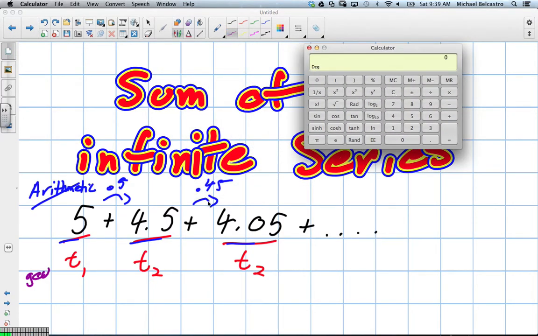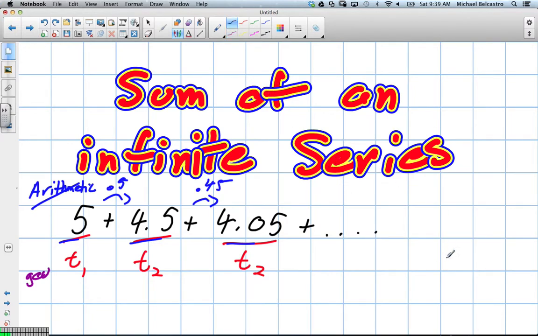Usually geometric sequences are considered like an exponential equation. One way you could think of it is starting here and we go 5, 4.5, 4.05, and we just take the bottom term and continue to divide up. That should tell us what our decay rate is, because this is going down.